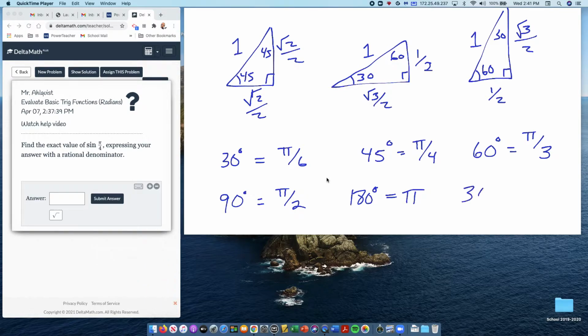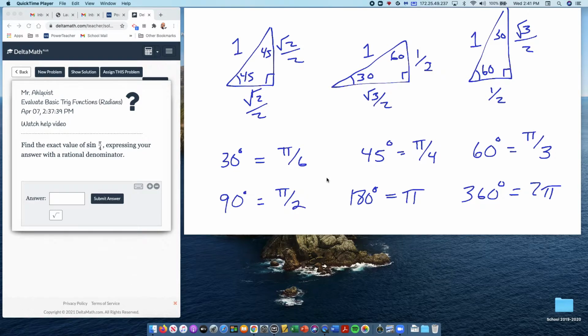And then finally 360 degrees is equal to 2 pi. And I actually think radians are a little easier to deal with, because as soon as you get to understand them, in my opinion, they're easier.